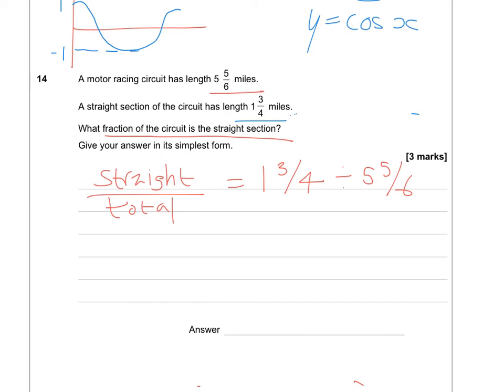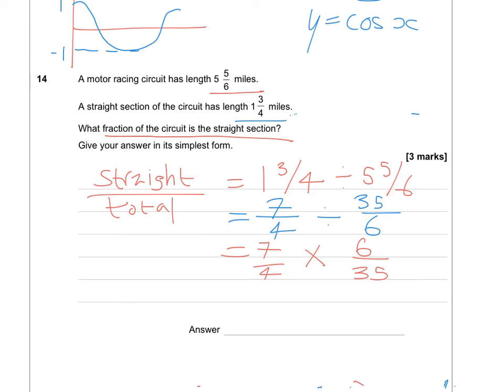We're going to convert both of these to improper or top-heavy fractions. So for the first one we get 7 over 4, and then that's being divided by 35 over 6. To divide fractions, we simply take the reciprocal of the second fraction, flip it over, and then multiply the two together.